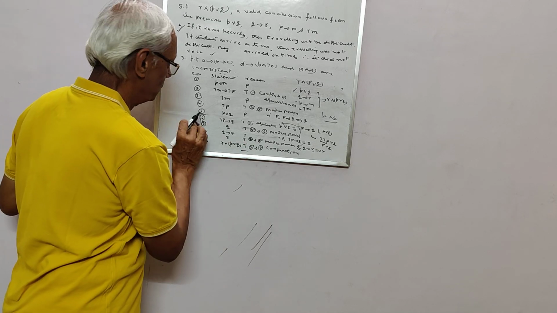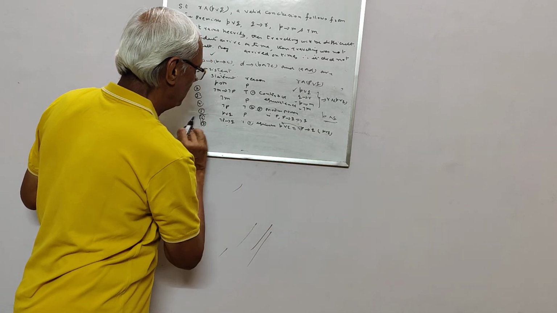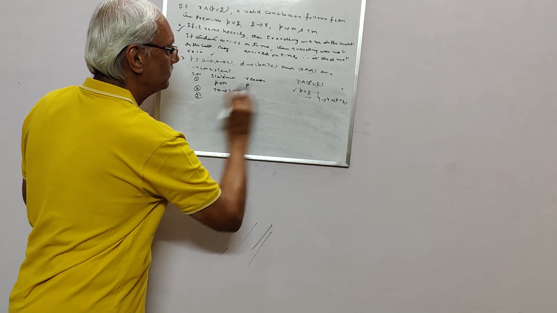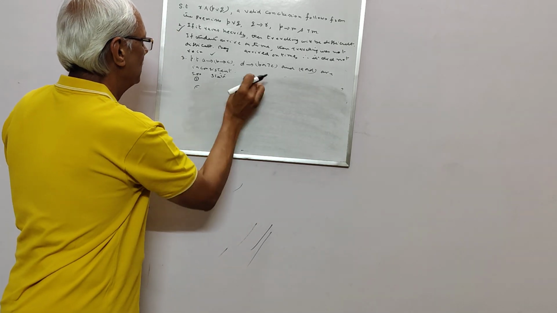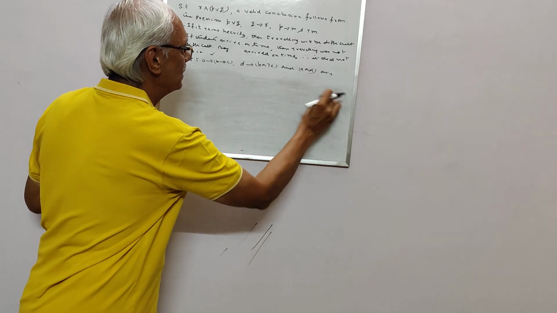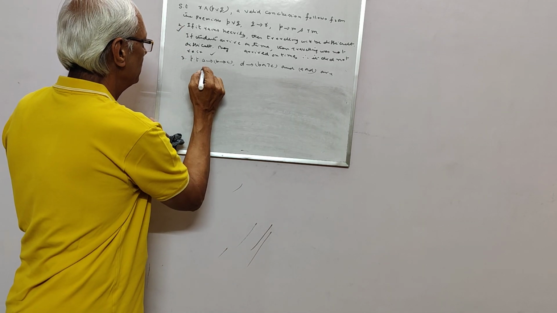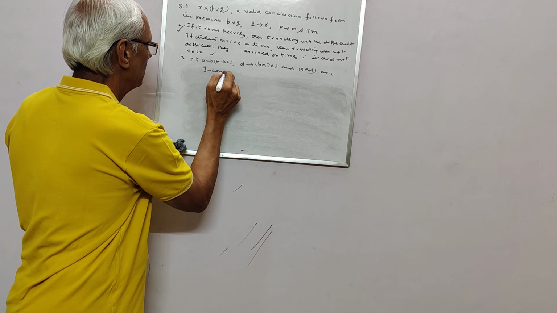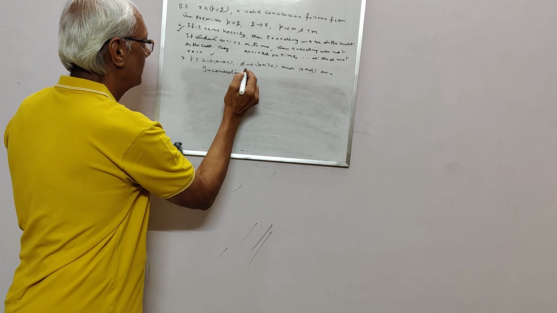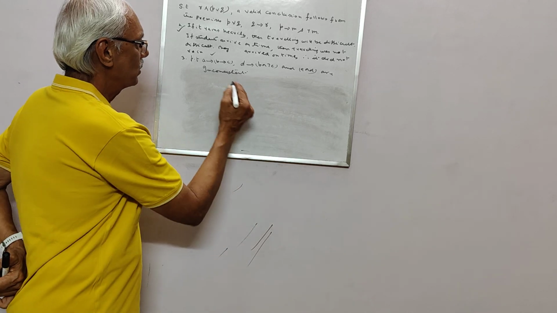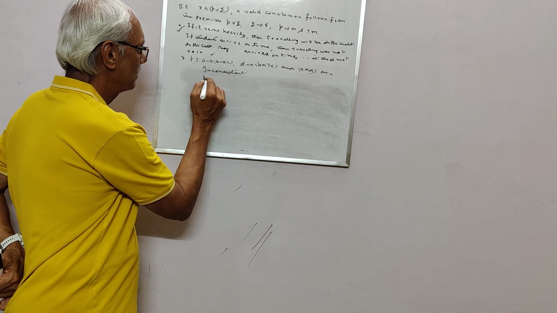Now let me come to the last one. So this is all about the second problem. Third problem, you see that here you must show that these are inconsistent. You must prove that, what are the given premises?